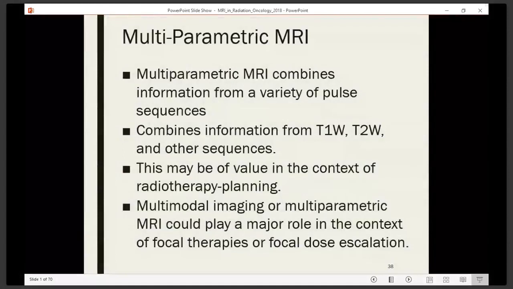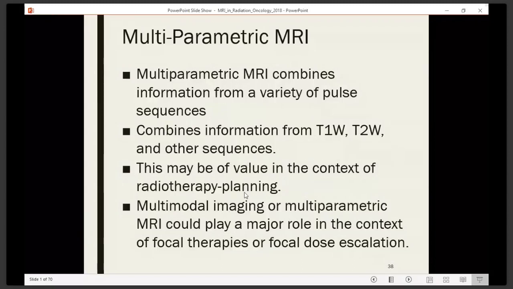It requires special methods. And so, as I mentioned, one of the methods is this multi-parametric approach, where we can combine data from T1 weighted images, T2 weighted images, and other sequences, including fat images and water images, and these ultra short TE images to give us really good measurement of cortical bone.